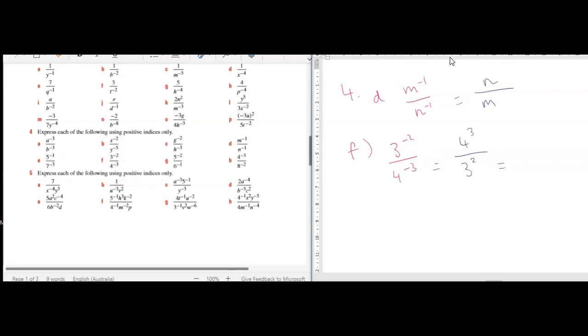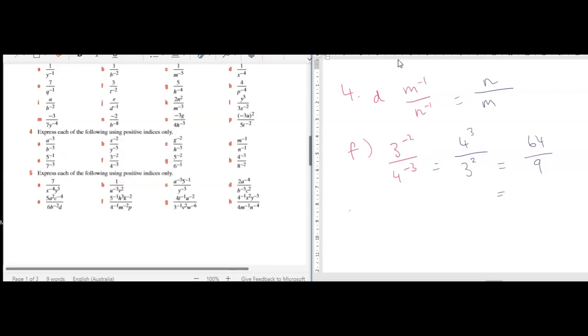So 4 cubed, 4 times 4 is 16 times 4 again gives you 64. 3 squared is 9, and I don't think we can simplify that any further, but I'm just trying to think quickly in my head. No. Okay, so we'll just leave it as 64 over 9. You don't need to write things as decimals. When you're dealing with harder maths, I find leaving it in fractions is easier anyway.